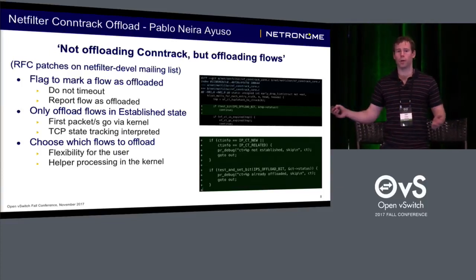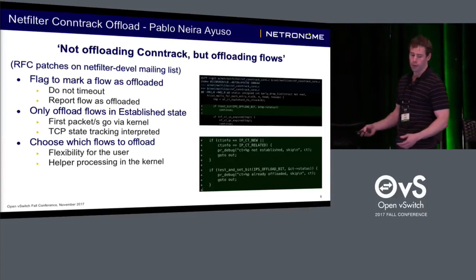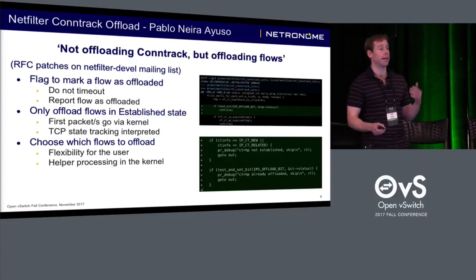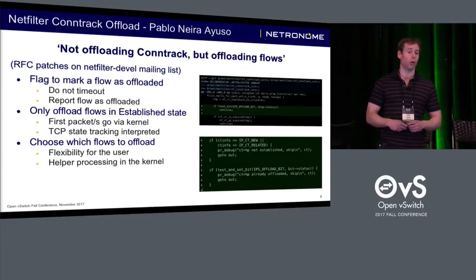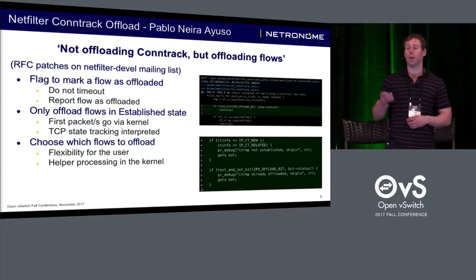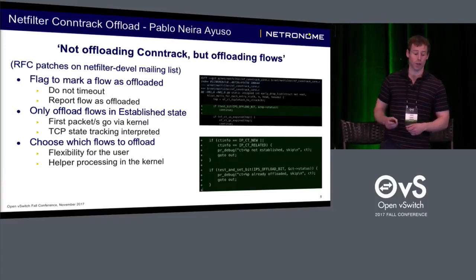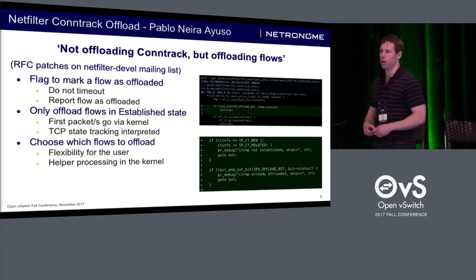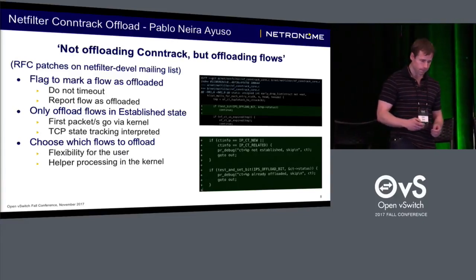So independent of the megaflows or whatever that Open vSwitch may create, the first packets in any unique 5-tuple flow will go via the kernel and via the Netfilter Conntrack module. Once we get the established state, then we can decide if this flow can be offloaded, mark it as offloaded, and let the NIC or the underlying hardware device take over and continue.